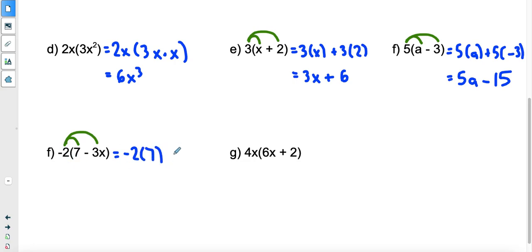And I'm going to take the negative 2 and multiply that by negative 3x. Negative 2 times 7 is just negative 14. Negative 2 times negative 3x, well, we know negative 2 times negative 3 is just positive 6. So negative 2 times negative 3x is positive 6x. And there's my answer.